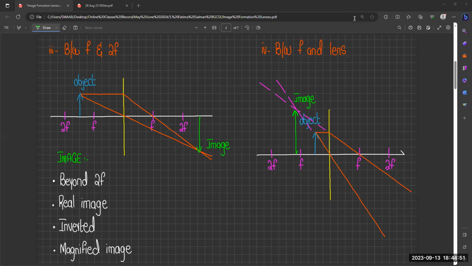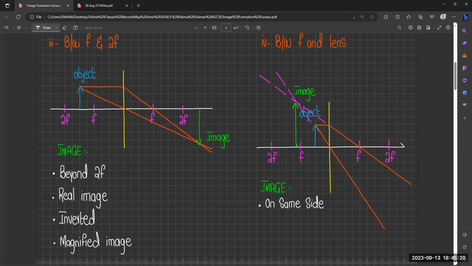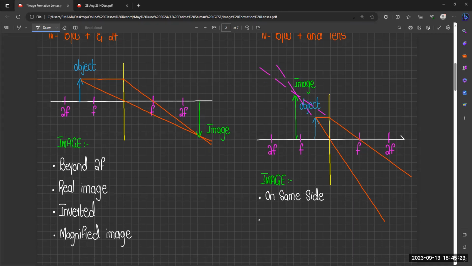And if you want to write the specification for the image, the first point is the image is not going to form on the screen, right? So we can say that the image will form on the same side where the object is placed. Next one is virtual image.